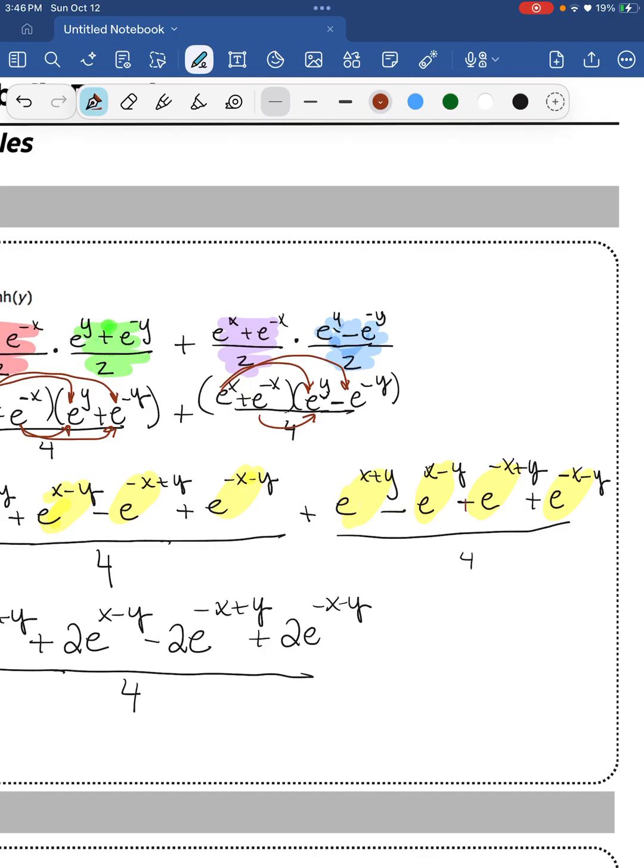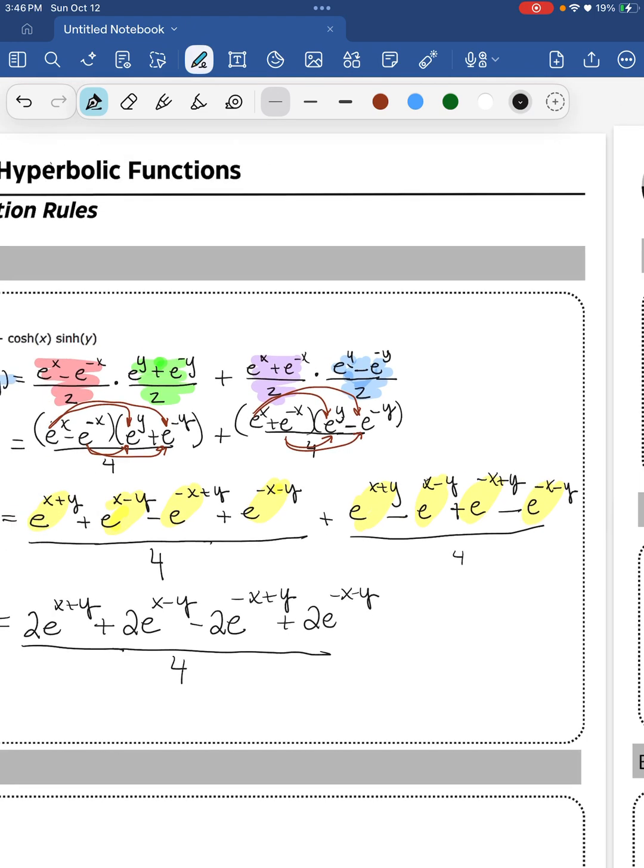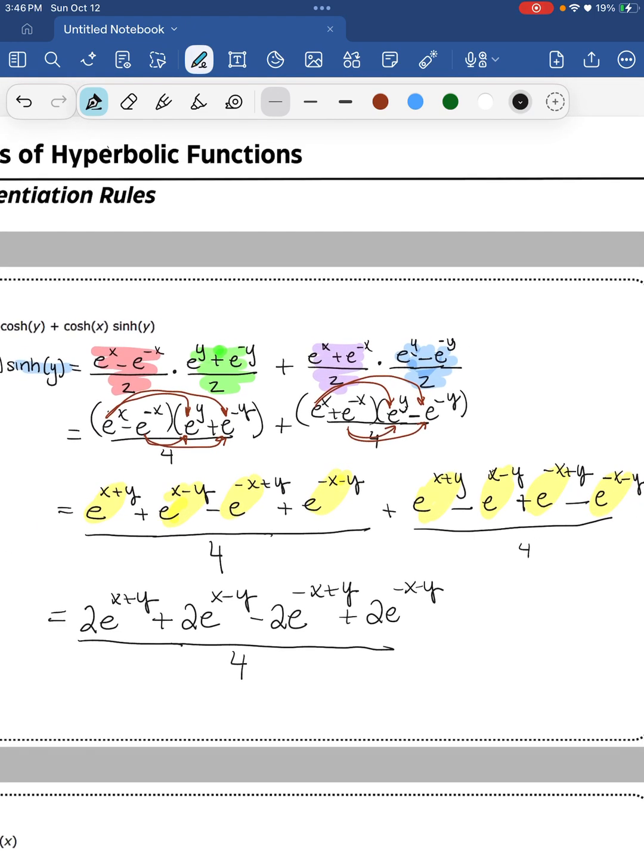So we'll do that. So sine h of x times cosine h of x plus cosine h of x times sine h of x can be rewritten using their definitions. The definitions being that sine h of x is e to the x minus e to the negative x over 2.